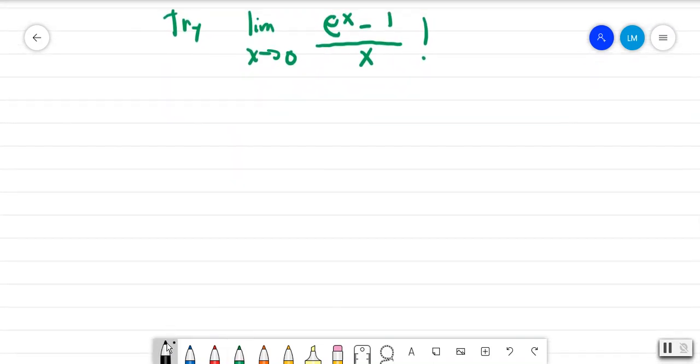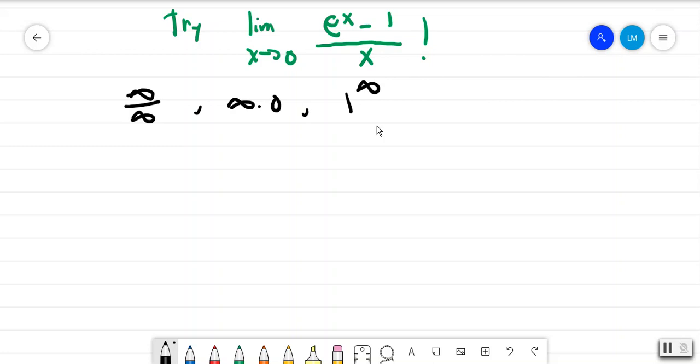Now, there are more different forms of indeterminates. Another form could be infinity over infinity. Another could be infinity times 0. Another form could be 1 to the infinity.